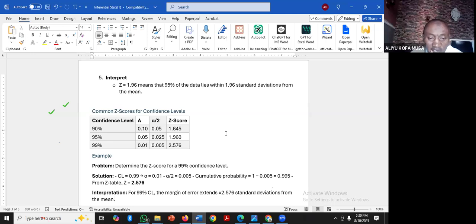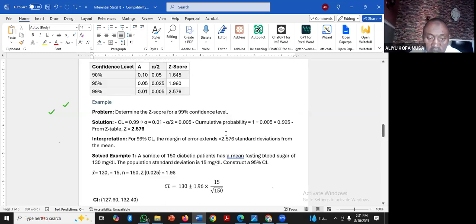For 90%, you don't need to go to the table: the z-score is 1.645. It's constant. For 95% confidence level, the z-score is 1.960. For 99%, the z-value is 2.576. So these are constant. You just master them.